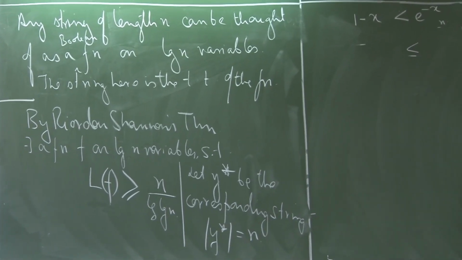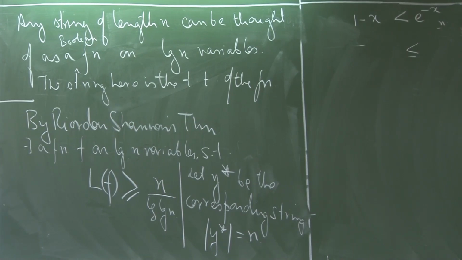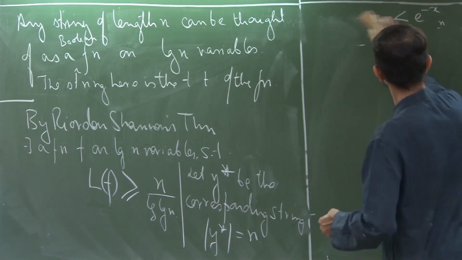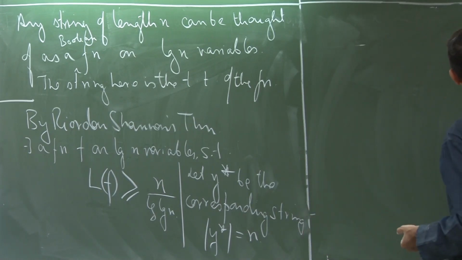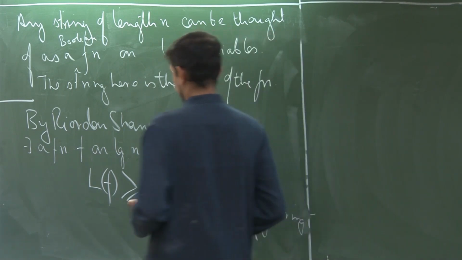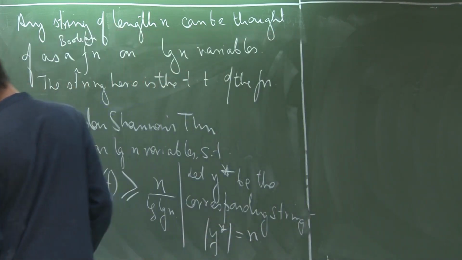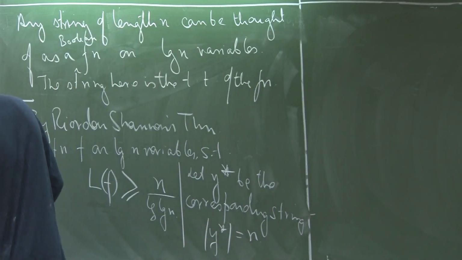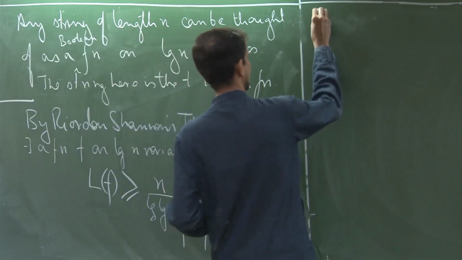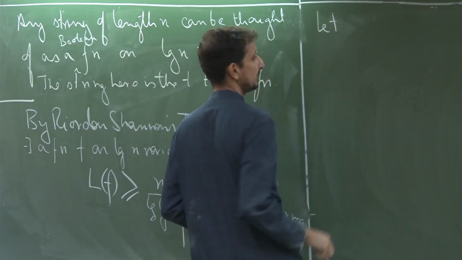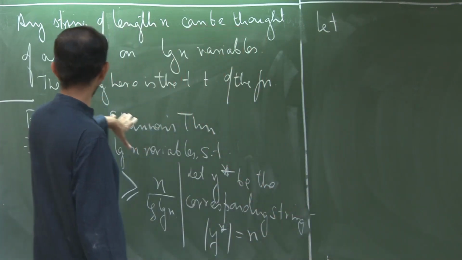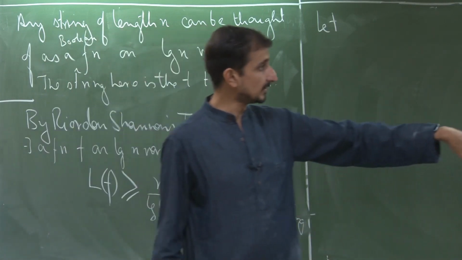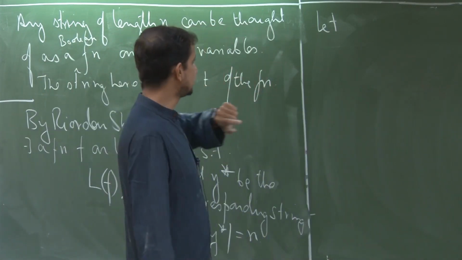Now, what I will do is I will define another function. So, I had the Andreev function a n, which took 2 n bits as input.